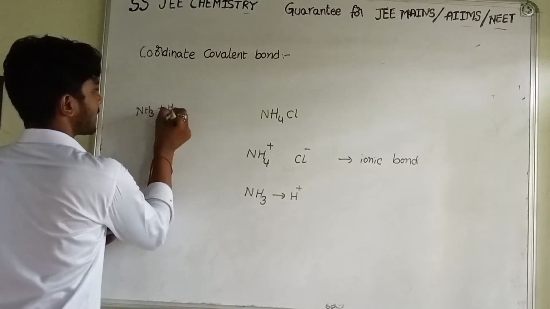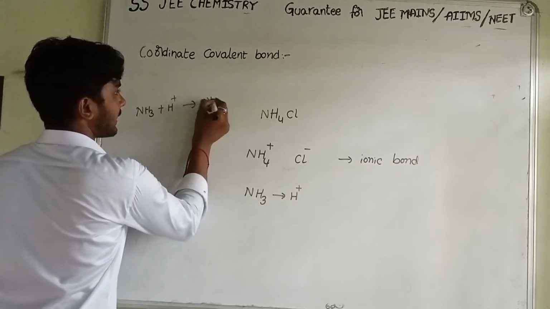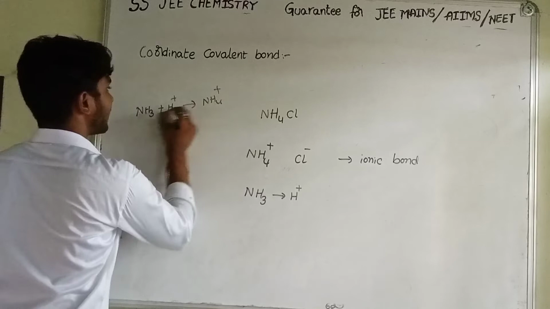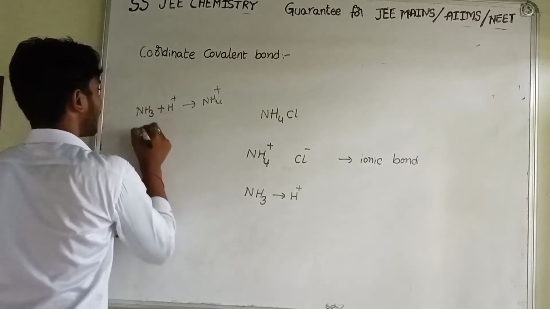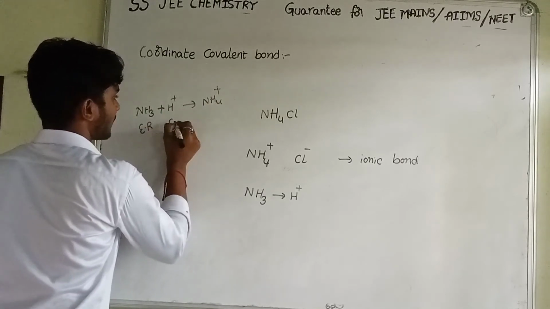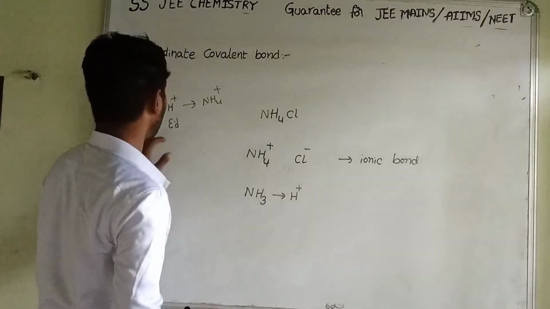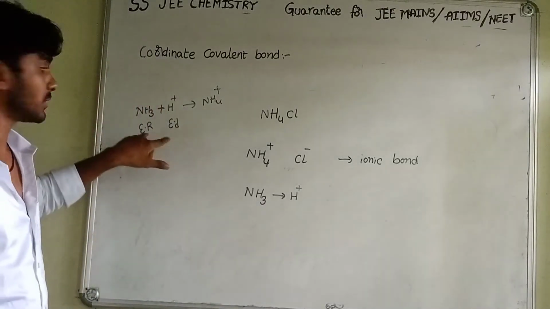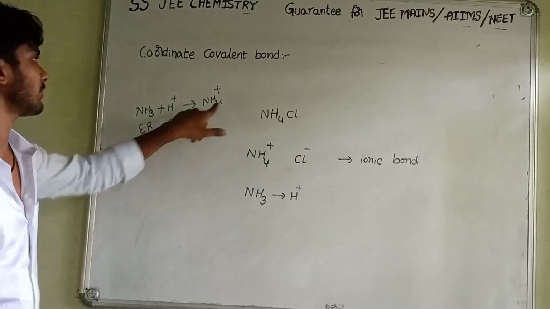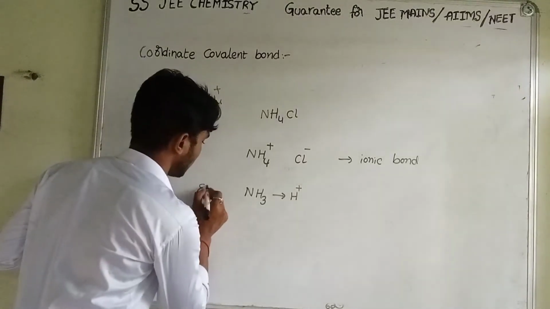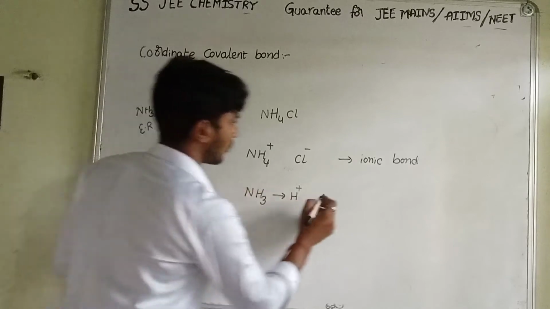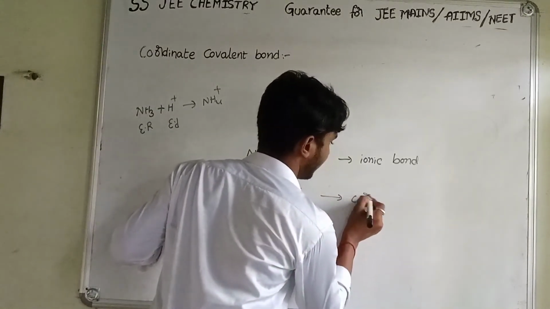Here NH3 is an electron rich compound and H plus is an electron deficient compound. So it forms a coordinate covalent bond, sharing of electrons between an electron rich compound and an electron deficient compound. It is a coordinate covalent bond.